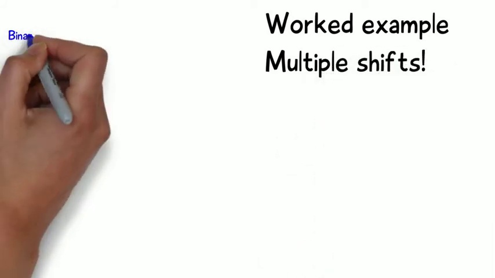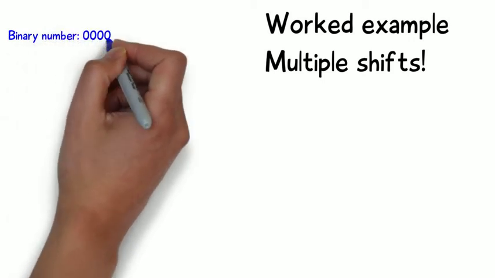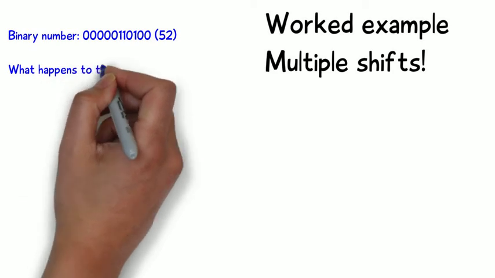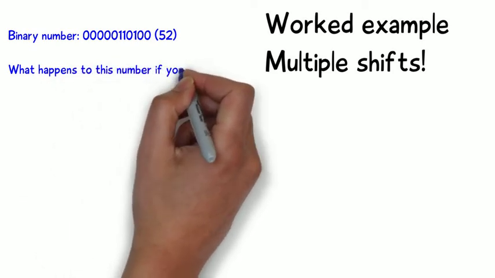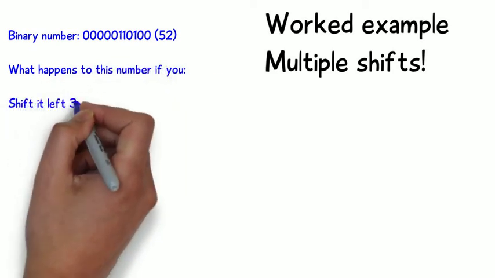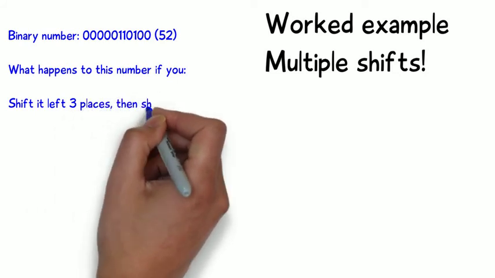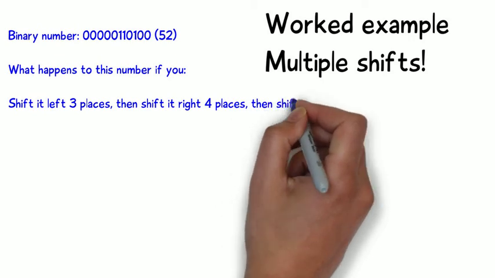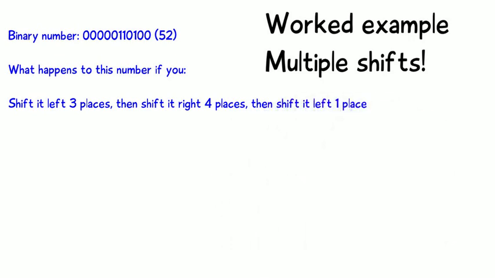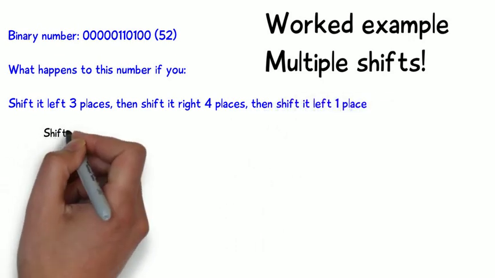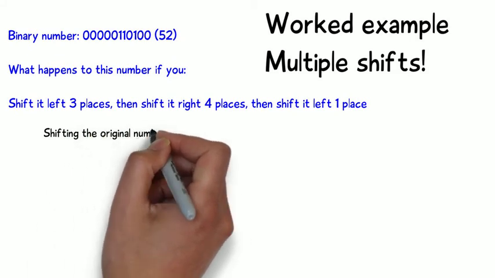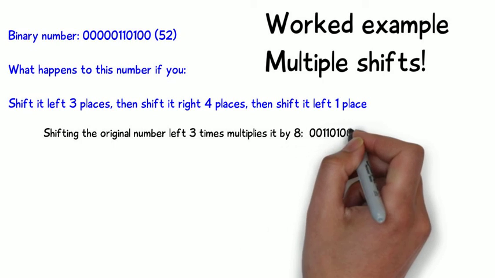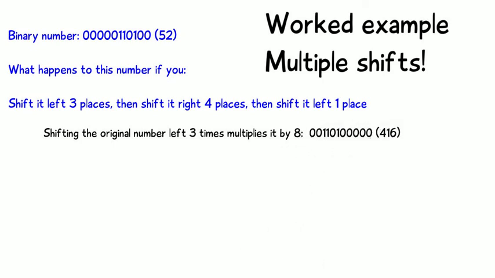So let's have a look at an example using multiple shifts. So here's our binary number, and that's 52 again. And we're going to apply multiple binary shifts. First of all, we're going to shift it left by 3 places. Then we're going to shift it right by 4 places. And then finally we'll shift it left by 1 place. So shifting the original number left by 3 multiplies it by 8.